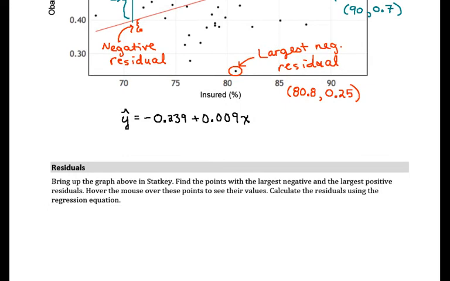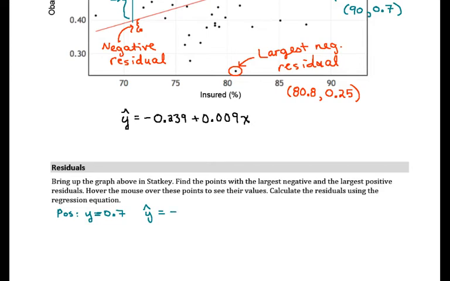For the largest positive, our actual y value is 0.7, but our y hat, which is what we get on the line, we get from the equation using 90 for our x.